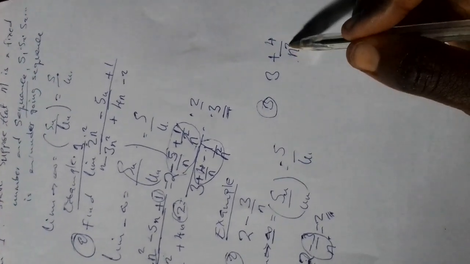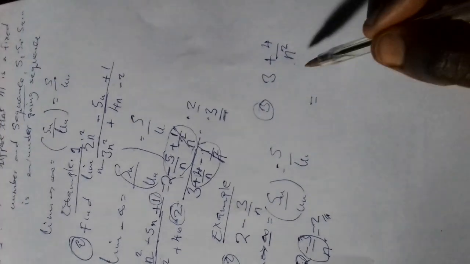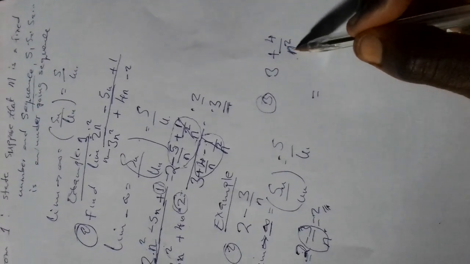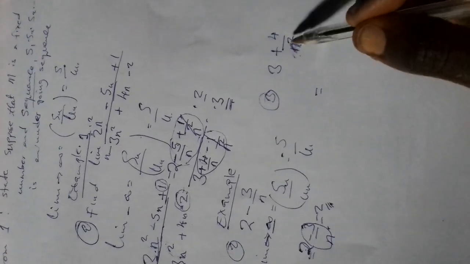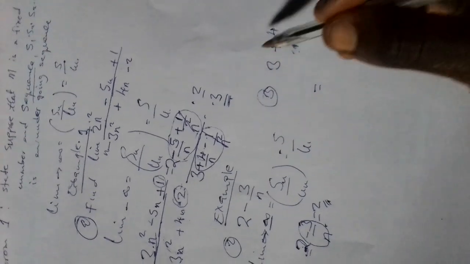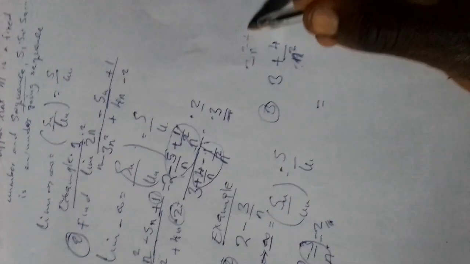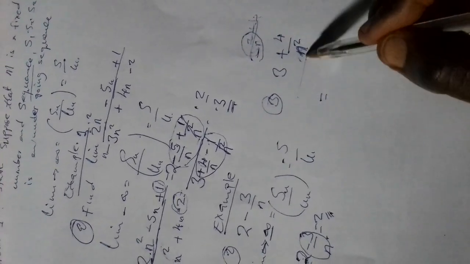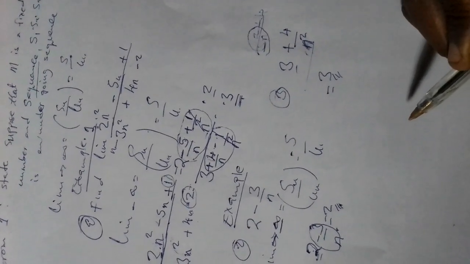Since this is 4 over n squared, plus 3, we only do it like this. The answer is only the 3 here that you pick. That's all. You get that?